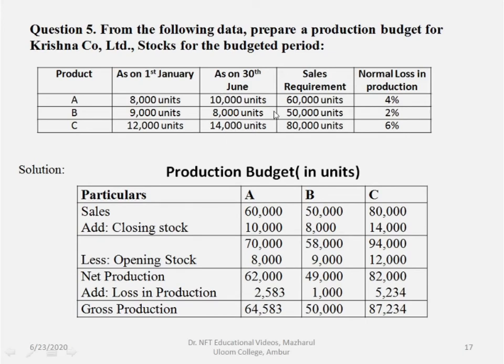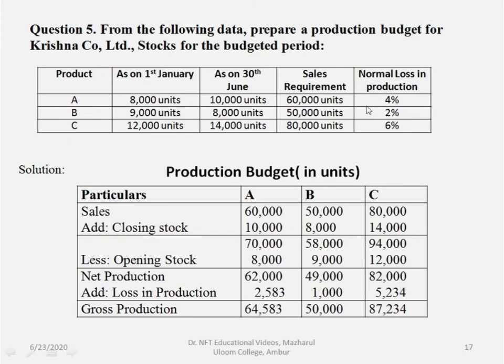Opening stock is 8,000 units for A, 9,000 for B and 12,000 for C. Write it, and if you deduct the opening stock from the total needed, you get the production budget, the net production of 62,000 units, 49,000 units and 82,000 units.